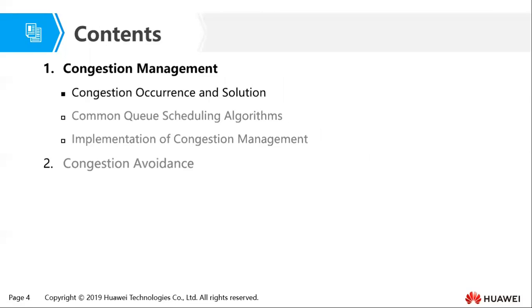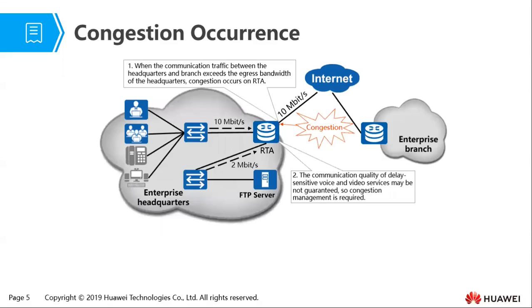So let's begin with why congestion occurs, and the solution. Let's look at this scenario. When the communication traffic between the headquarters and the branch exceeds the egress bandwidth of the headquarters, congestion occurs on RTA.